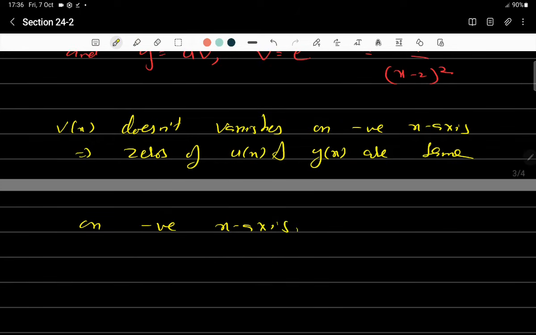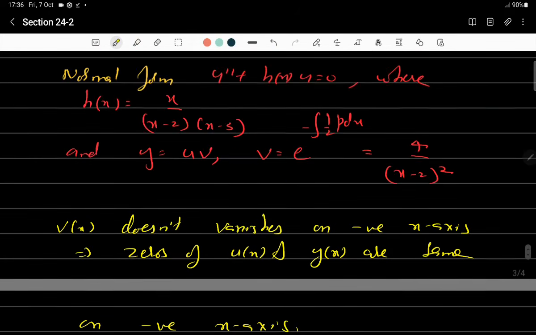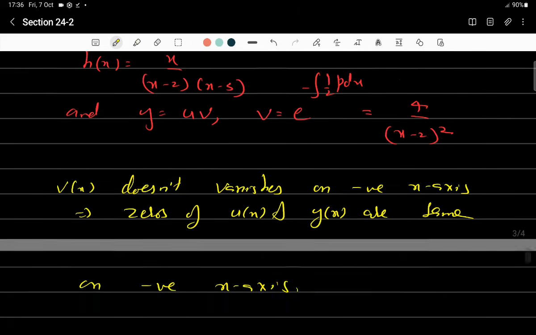This is one thing. The other thing is that let's look at h of x. So h of x is negative on the negative x-axis because it is x by (x minus 2)(x minus 3). So let's say if you take x is equal to minus 1, then it is minus 1 by (minus 3)(minus 4), so minus 1 by 12.